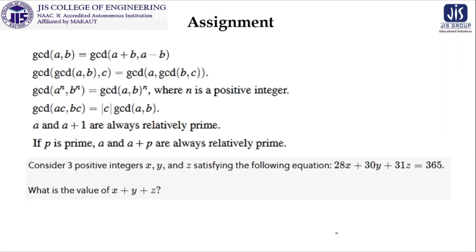Now we are coming to the end of our discussion. We are giving you the assignments. First of all, these properties you have to prove, because these are the standard properties that you can use, and you can also get these types of problems. But I am emphasizing a problem like this one.